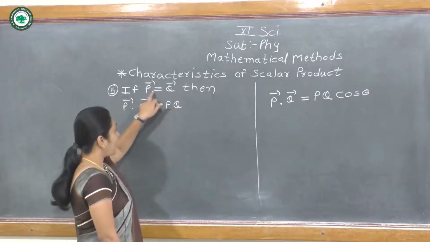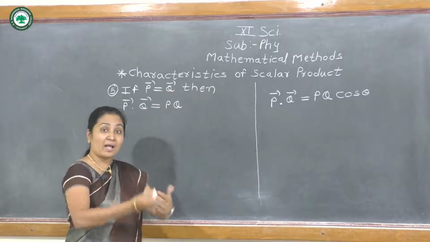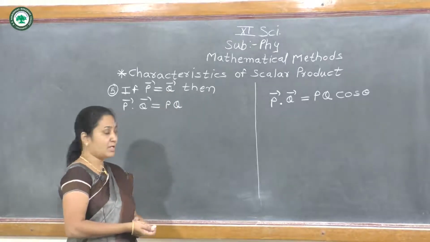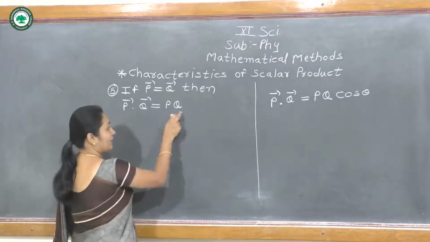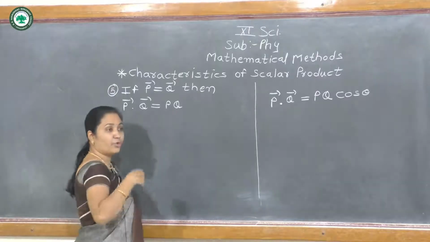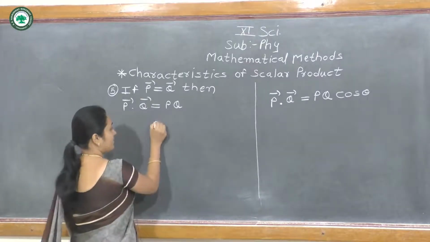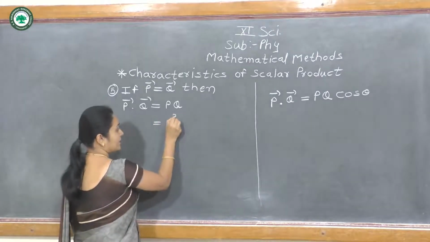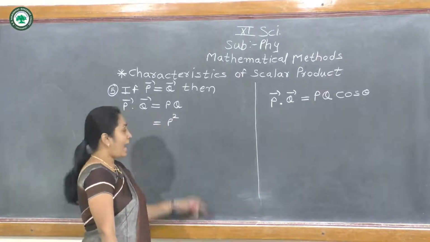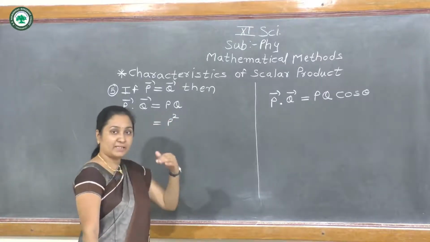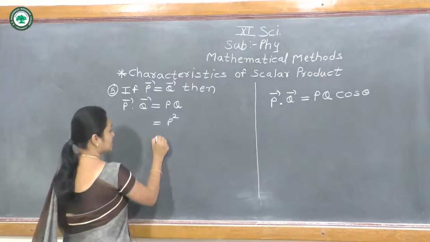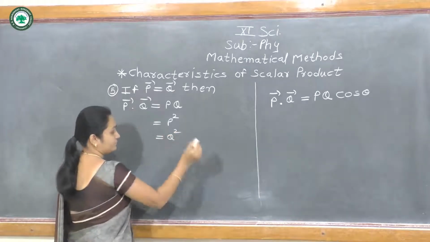We know that P and Q are equal, so we can write p square instead of q p, and instead of p we can write q, so it is q square.